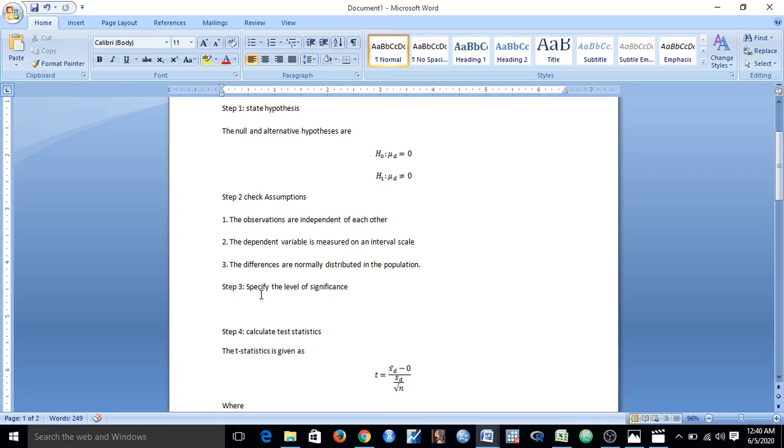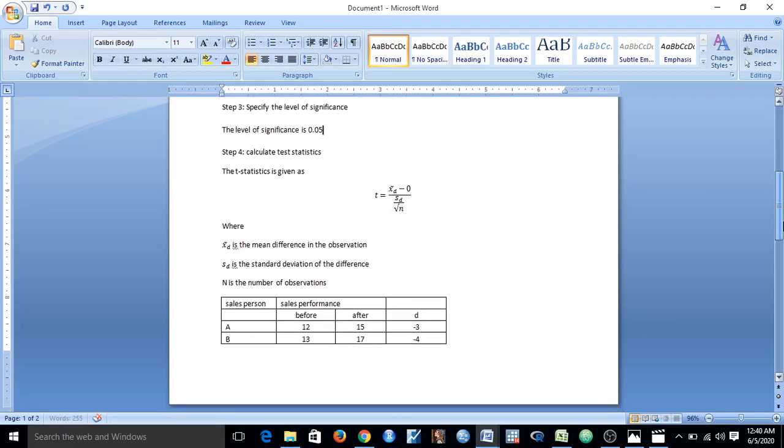Then step 3 is to specify the level of significance. The level of significance I'm using here is 0.05. And the next step is to calculate the test statistic.